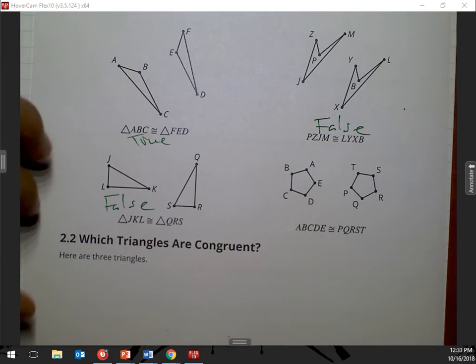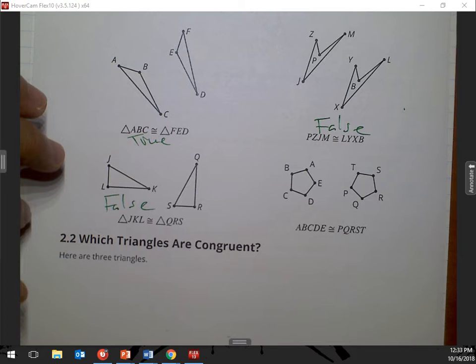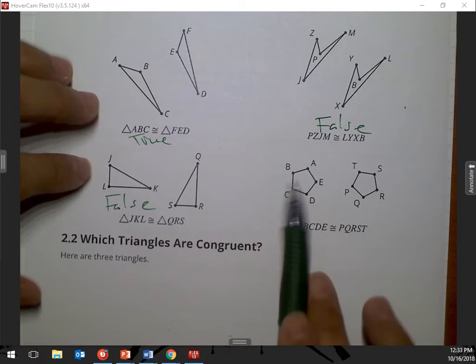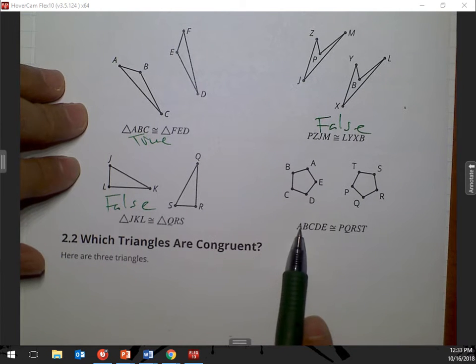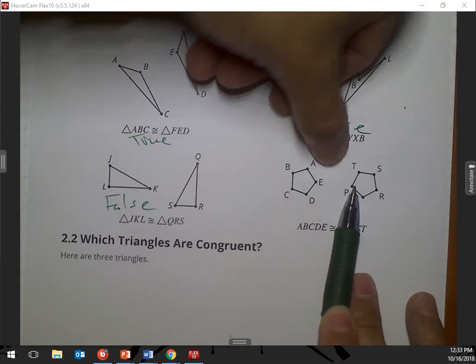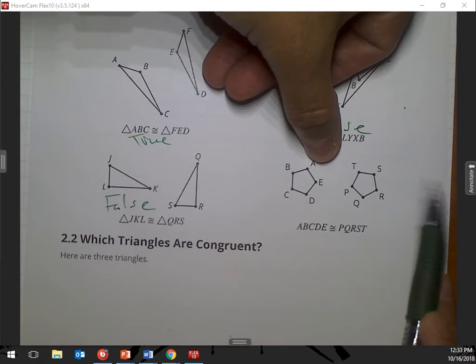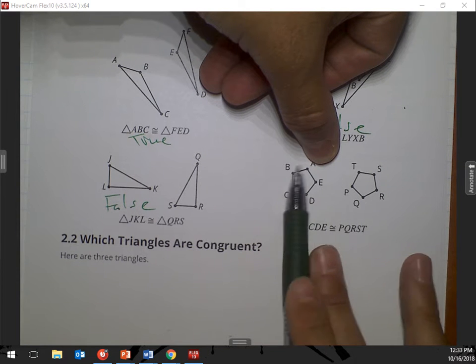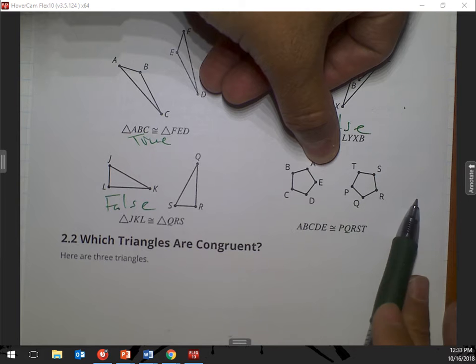Okay, and this one right here. Looks like they're exact same shape, so it's not really going to mess up my pattern on this one. All right, so A goes with P. Oh, they're the same shape, so it looks like a regular pentagon. So all of them are going to be the same.